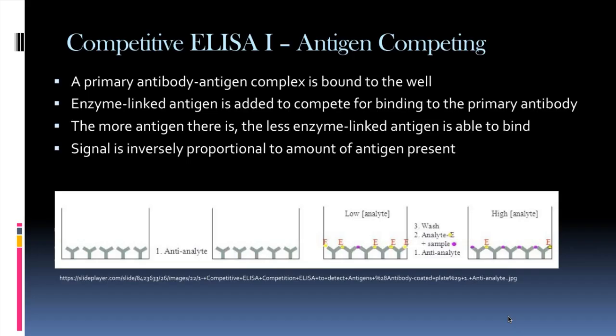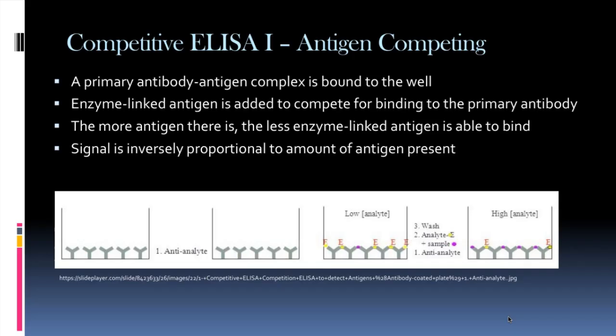And then you add enzyme-linked antigen, which is shown in yellow, that's competing for binding sites with that antibody. And so in principle, the more of your antigen that you have from your sample, which again is the pink dot, the less of your enzyme-linked antigen is able to bind because these sites are occupied.